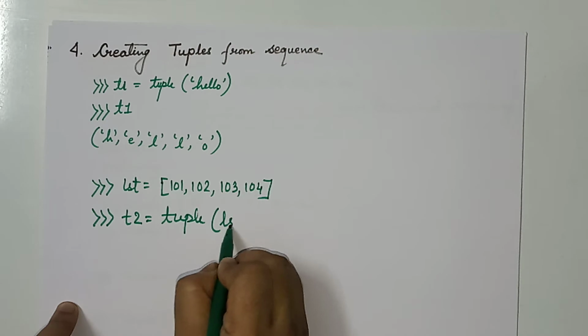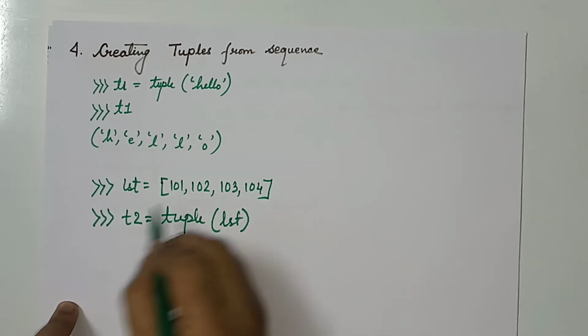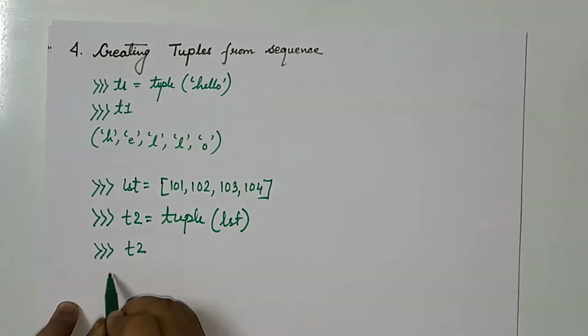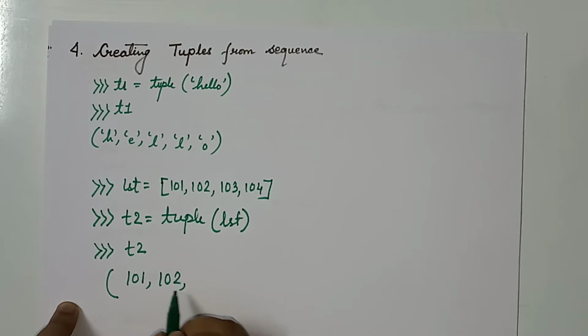In the tuple, if we pass the list, the elements of the list will become the elements of the tuple also. A tuple can also be created from a list.